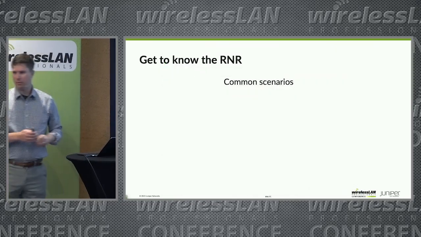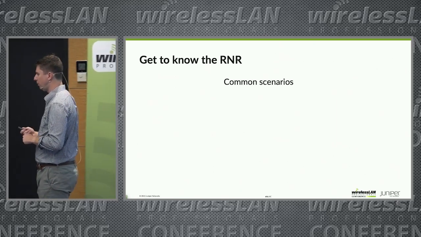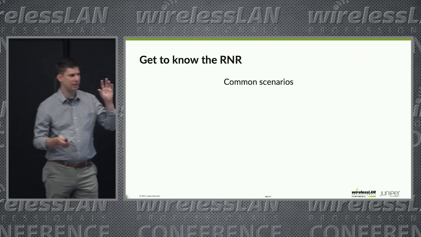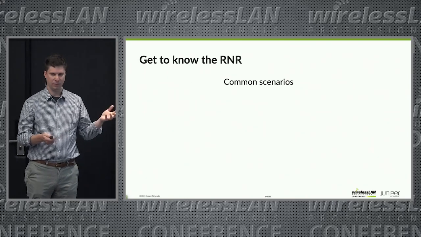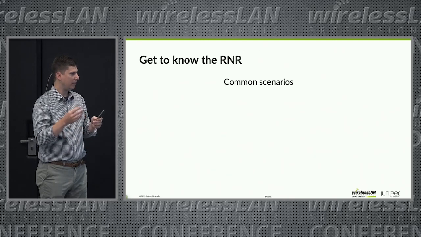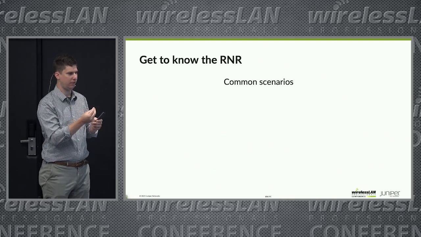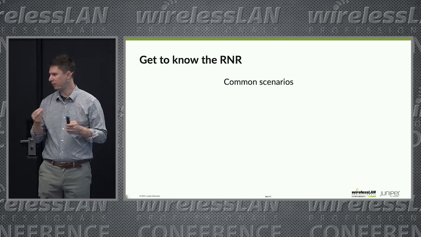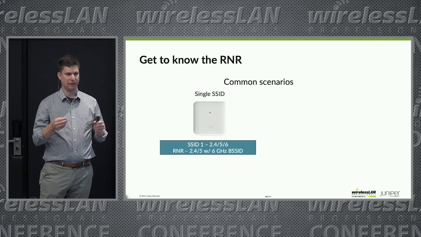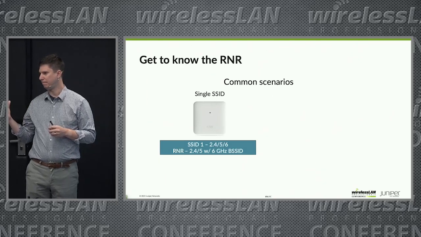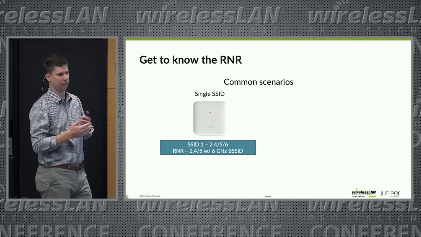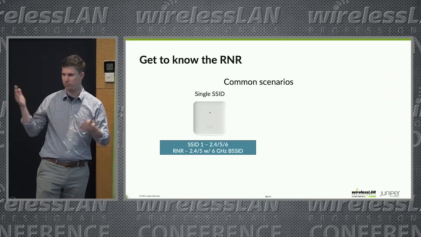So when you think about the reduced neighbor report, this is an information element in the beacon or in probe responses, and you have a lot of flexibility in how you configure an RNR. One common scenario: let's say I have a single multi-band SSID, whether it's 2.4, 5, 6, whatever it is.